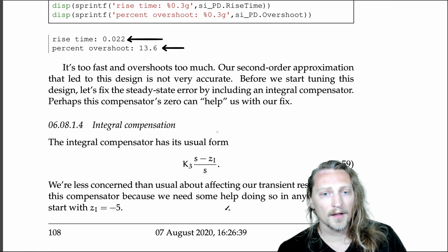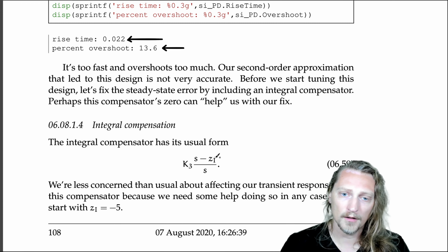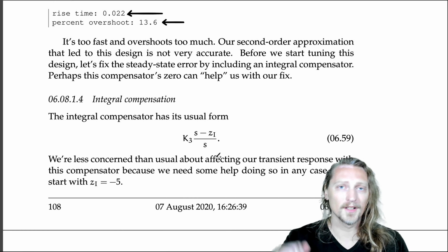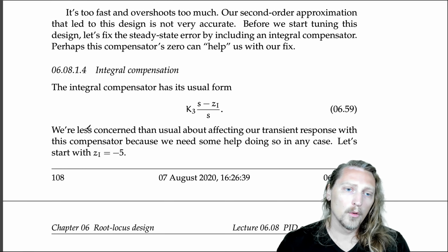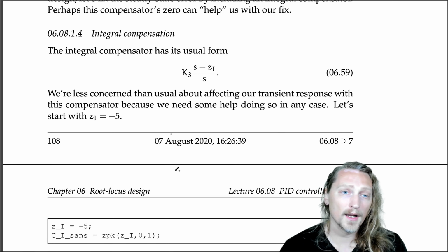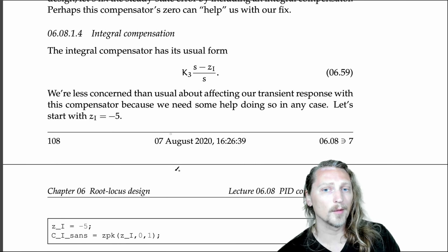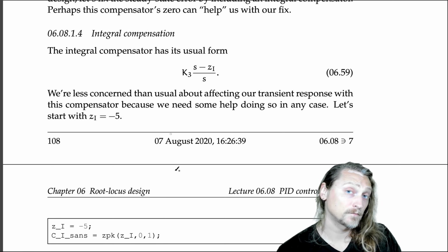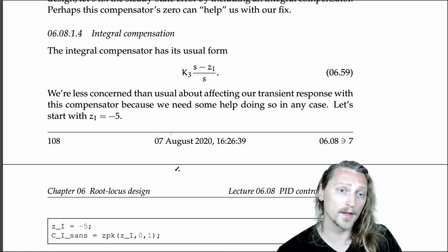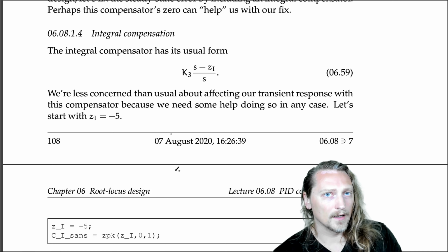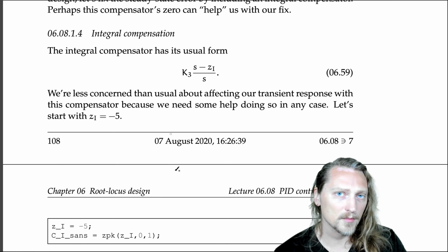The integral compensator has its usual form, a zero at zi and a pole at the origin, otherwise known as an integrator. We're less concerned about affecting our transient response with this compensator because we need some help there in any case. So, especially if it affects it positively, that's good. So we aren't going to be super aggressive about an integral compensator that doesn't affect the transient response.